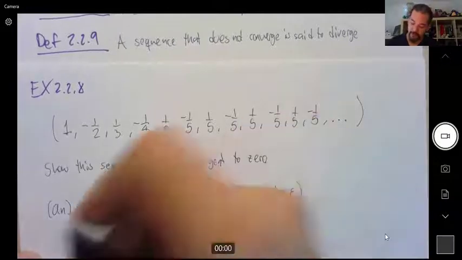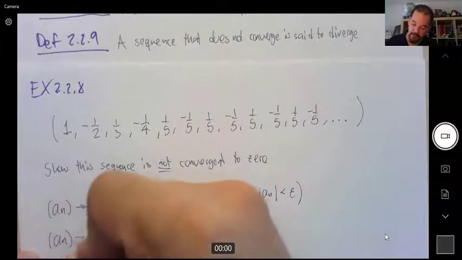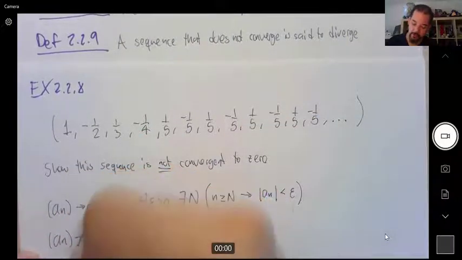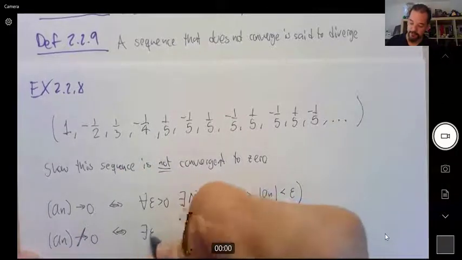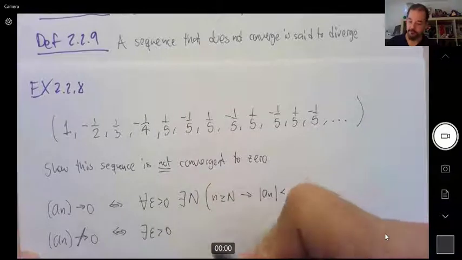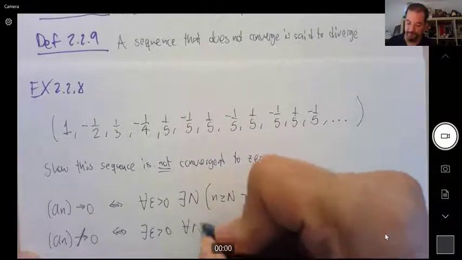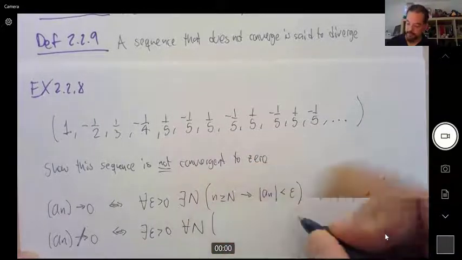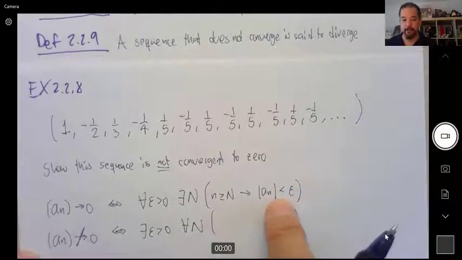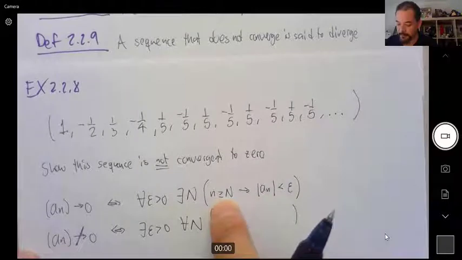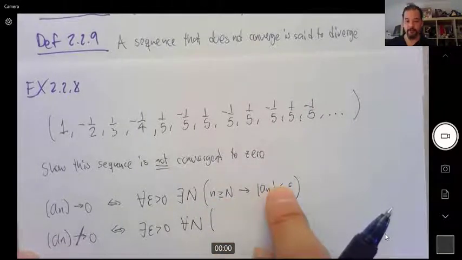So here is how you would do it. A_n not convergent to 0 means there is an epsilon such that for every capital N, this doesn't happen. Now, an implication doesn't happen when the first part happens but the second one doesn't, right?